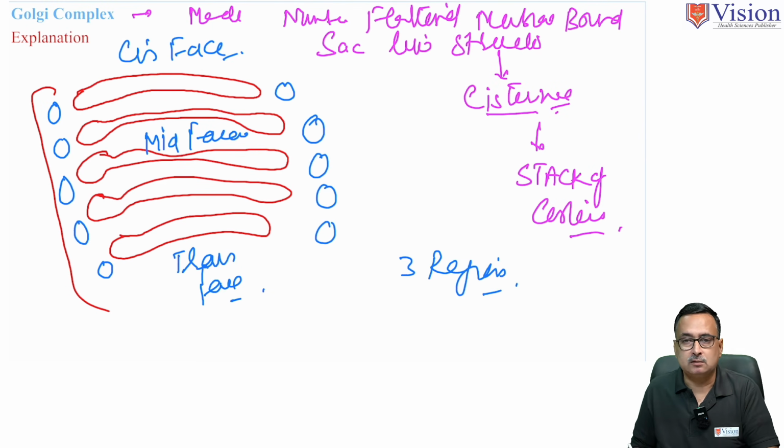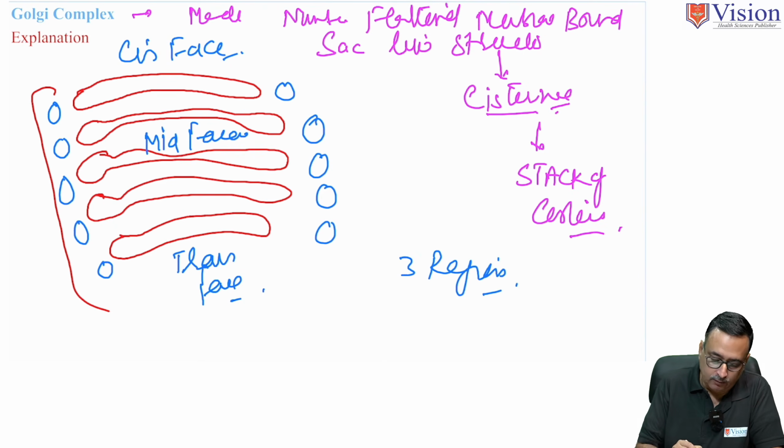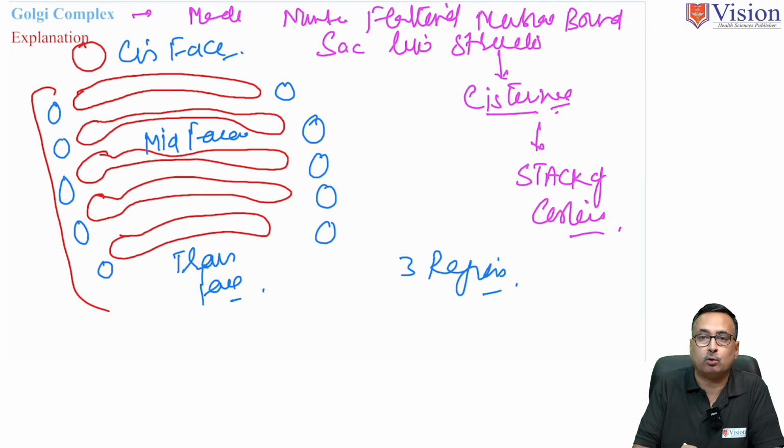So the vesicles containing immature protein and steroids, suppose it's a vesicle, it has immature protein which is synthesized by the rough endoplasmic reticulum, say it is insulin. It is immature protein. It is carried by this vesicle. It enters the Golgi body at the cis phase, delivers the immature protein.